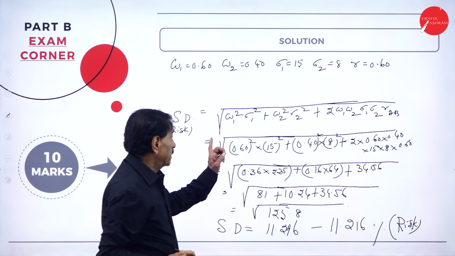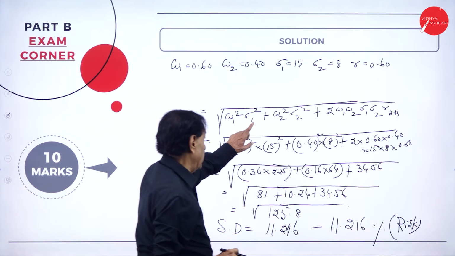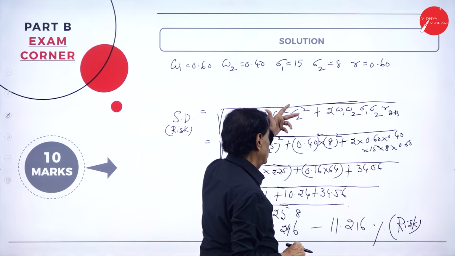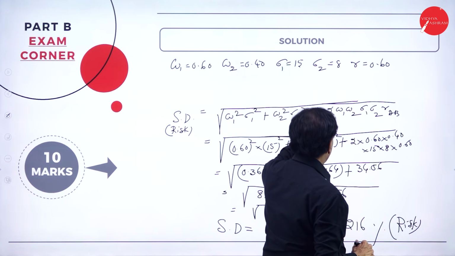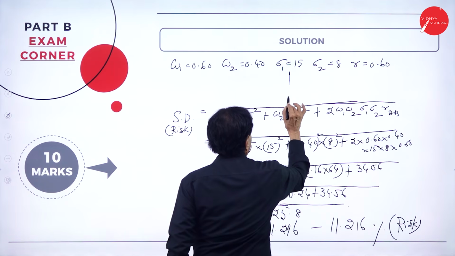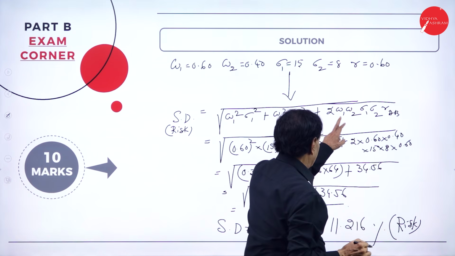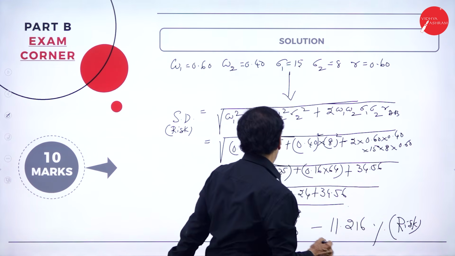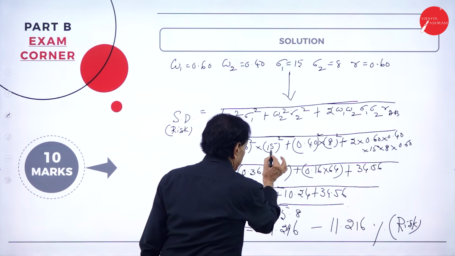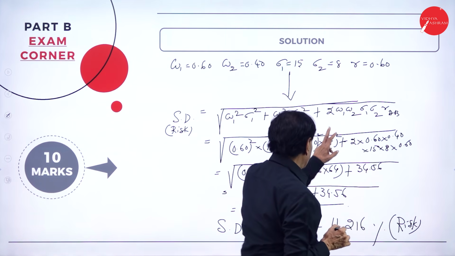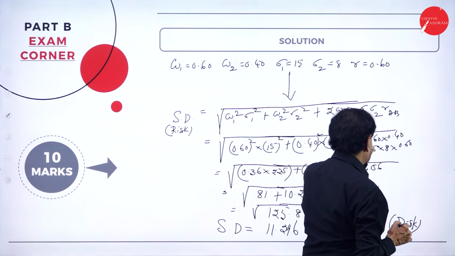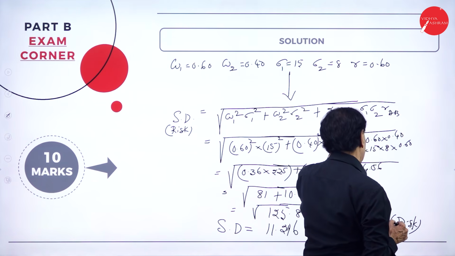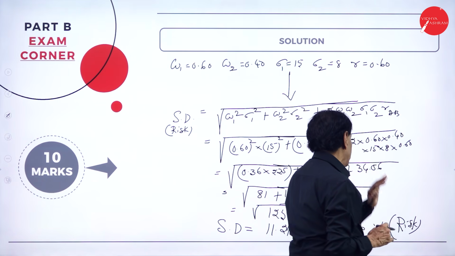What is the formula? W1 squared, standard deviation 1 squared, plus W2 squared, standard deviation 2 squared, plus 2 into W1, W2, standard deviation 1, standard deviation 2, R of AB. So 0.6 whole squared into 15 squared, plus 0.4 whole squared into 8 squared, plus 2 into 0.60 into 0.40 into 15 into 8 into 0.6.